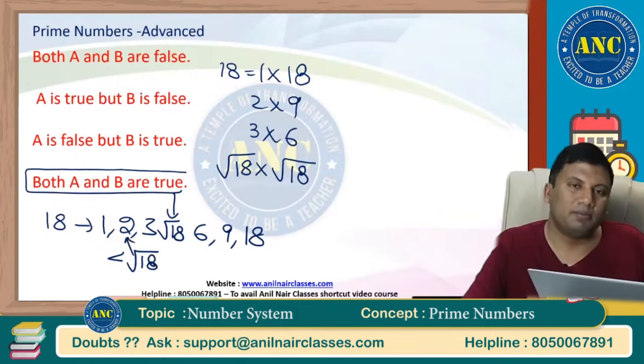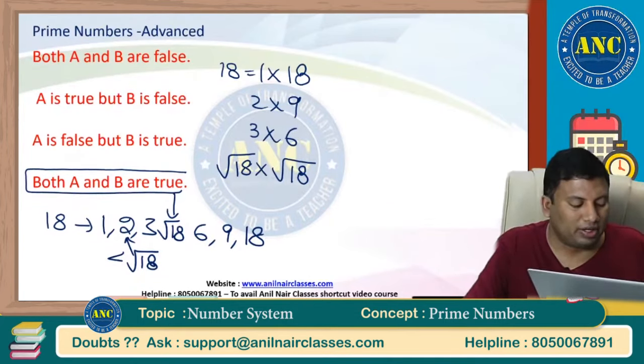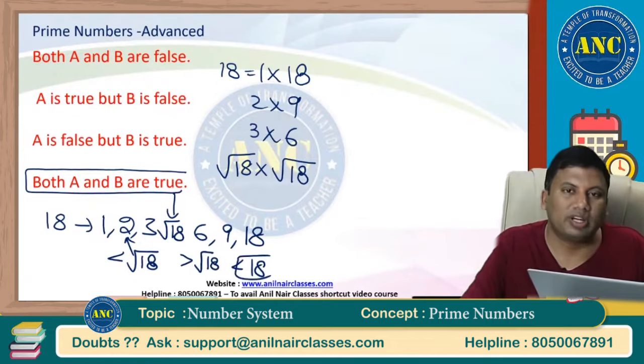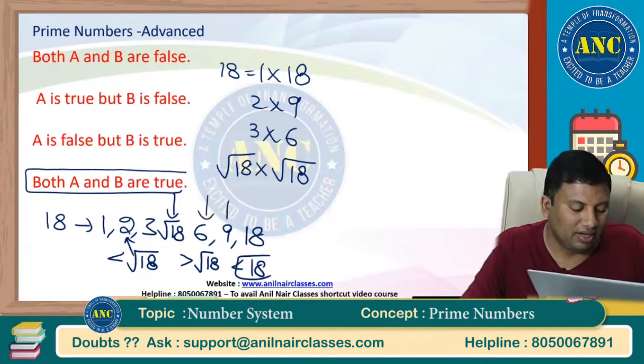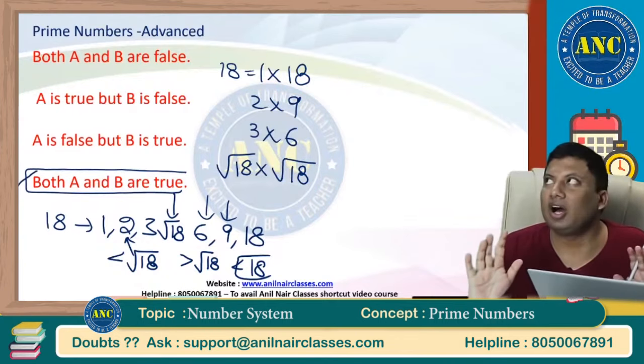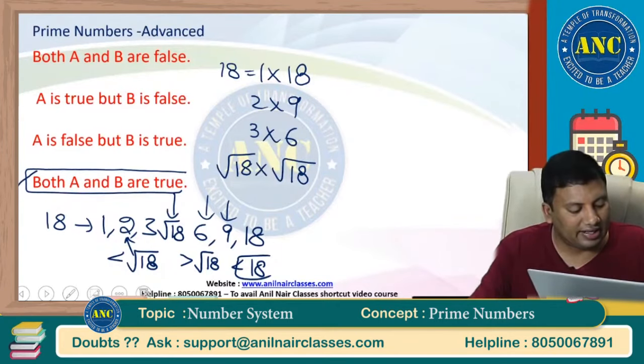Yes, root 18 is 3 root 2, about 4.2. What are all the positive integers less than 4.2? 1, 2, 3. Some of them will divide. Greater than root n and less than 18, that is greater than 4.2, 6 and 9 will divide. So, the answer is both A and B are true. I hope the idea is clear.